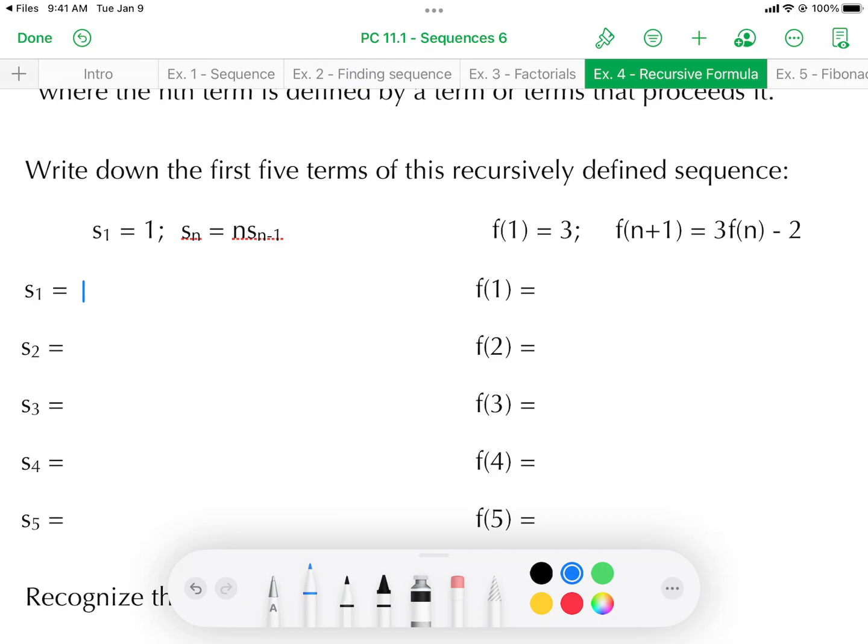Then our recursive formula says S sub n, the nth term, is equal to the value of n itself times S sub n minus 1. So here's where notation is important. When I say S sub n minus 1, this is the term before S sub n.